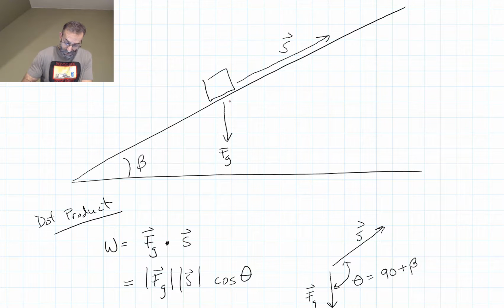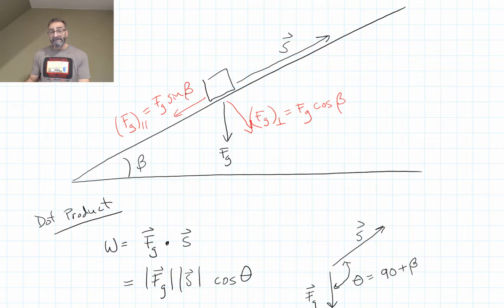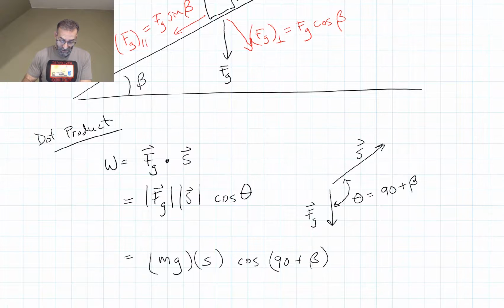We would have a component that points in this direction, and we would have a component that points in this direction. And by the same logic we used earlier, knowing that it's a dot product and that the perpendicular component does no work, we would just use the parallel component.